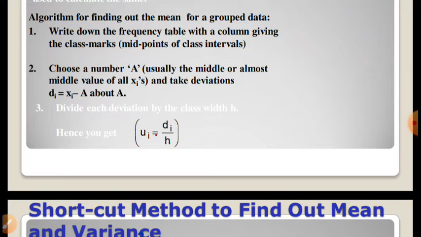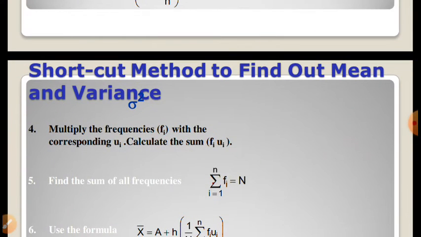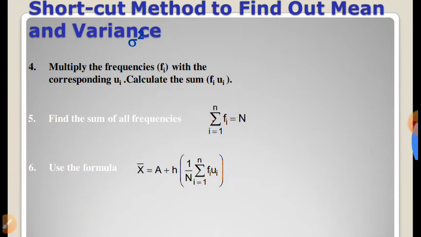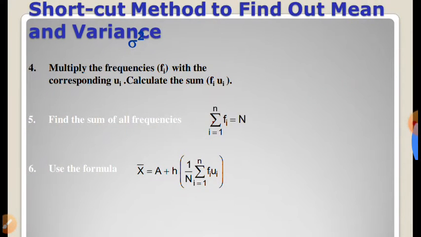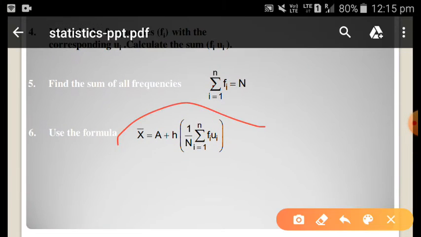That means it is the same as the step deviation method for finding the mean. In the same way here, multiply the frequencies with those values, find the sum of all the frequencies n, and use this formula, which is the step deviation method to find the mean.